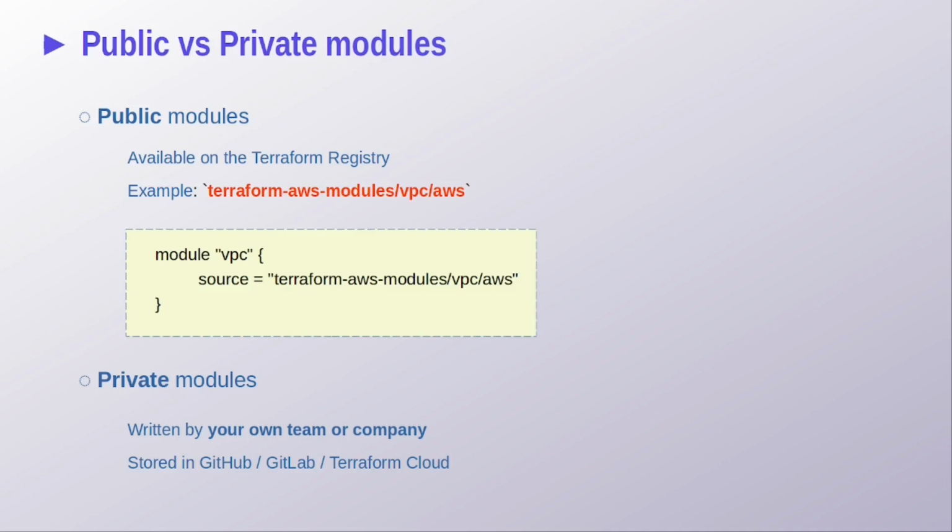Private modules are written by your own team, for your own business needs. They enforce a standard and make governance easier. Every serious organization ends up with private modules. Public modules are great for learning. Private modules are for production.